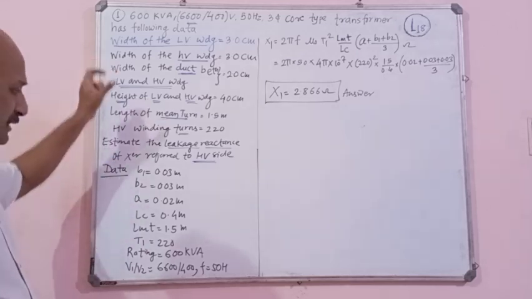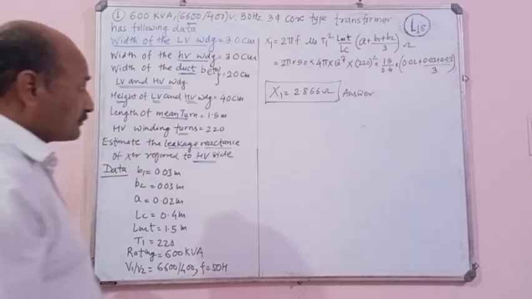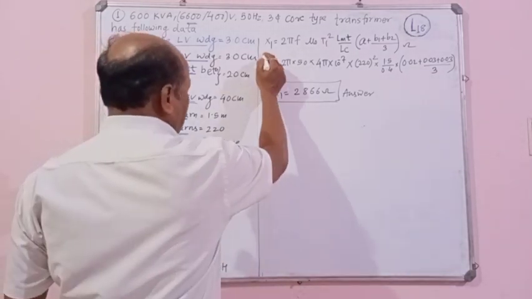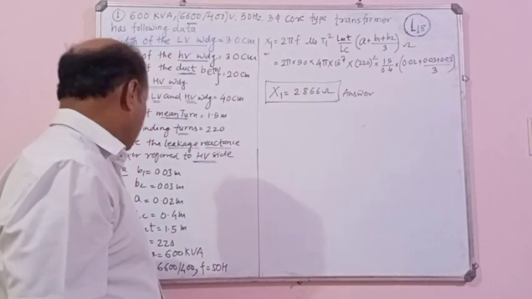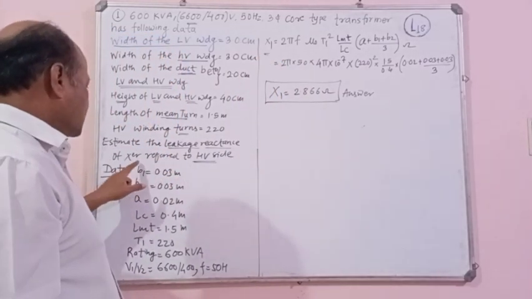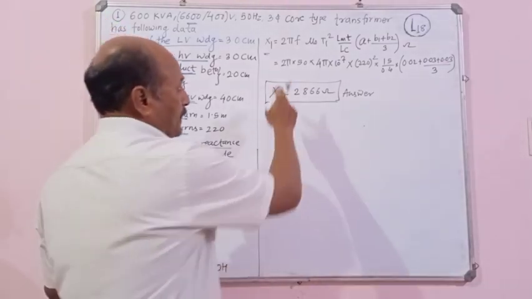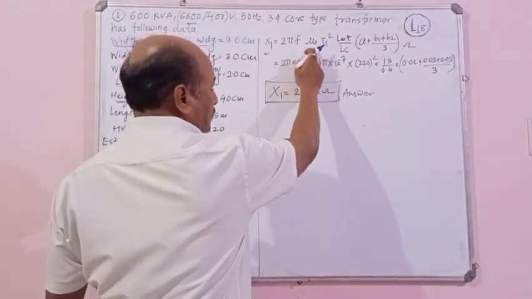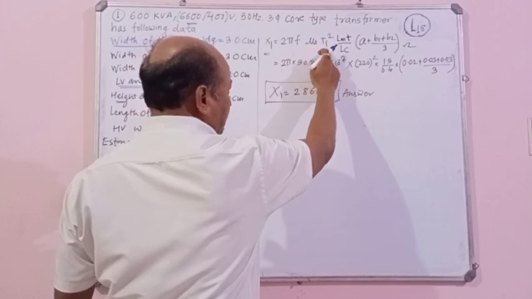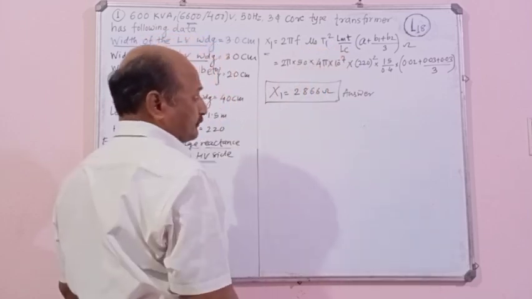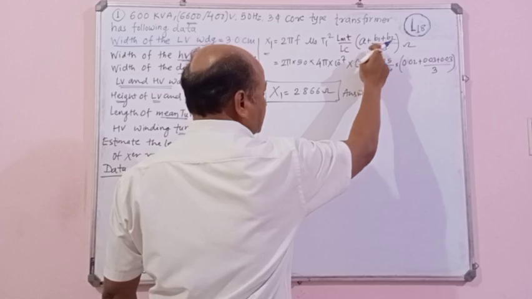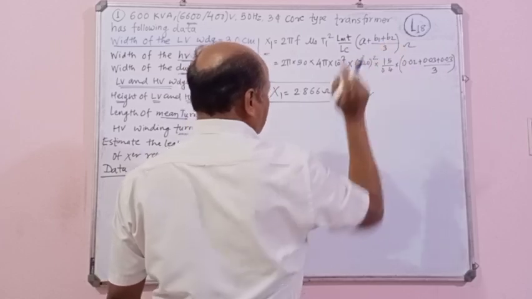So if we are able to collect the data, then only one formula is needed to calculate the leakage reactance of the transformer referred to HV winding. What is that? 2 pi f mu 0 into T1 square, LMT by LC, in bracket a plus (b1 plus b2) by 3, ohm.